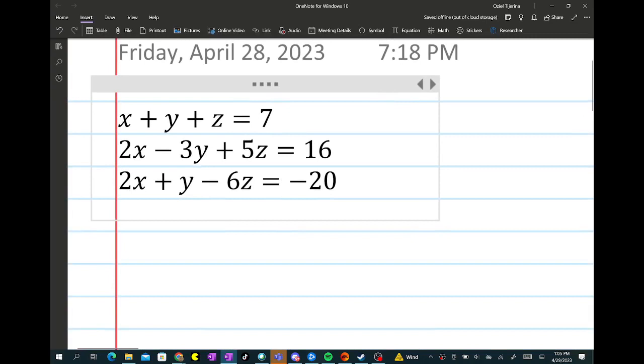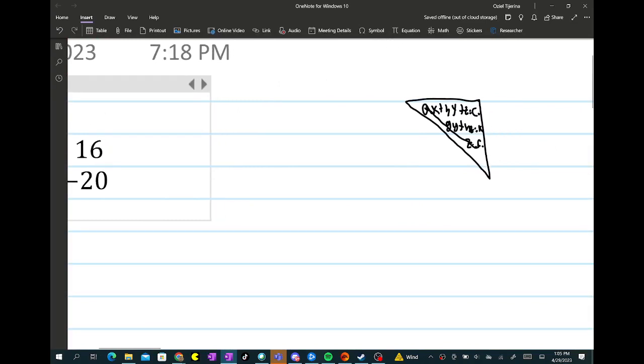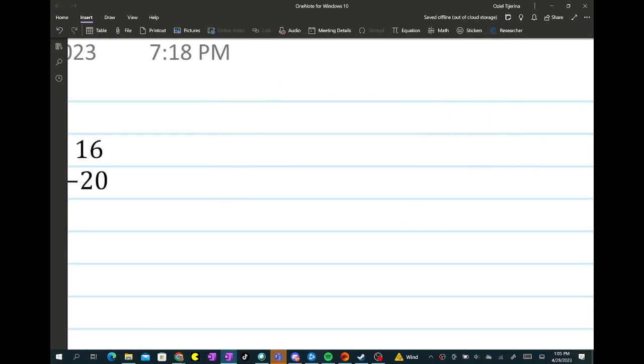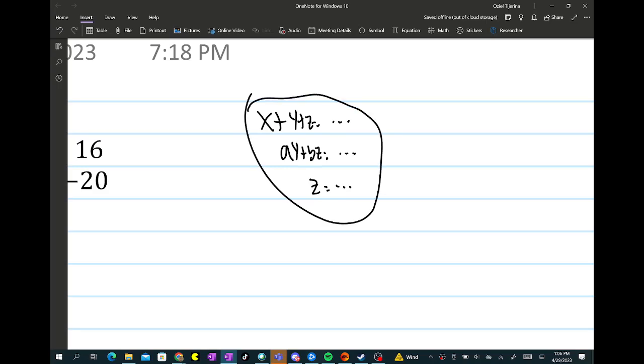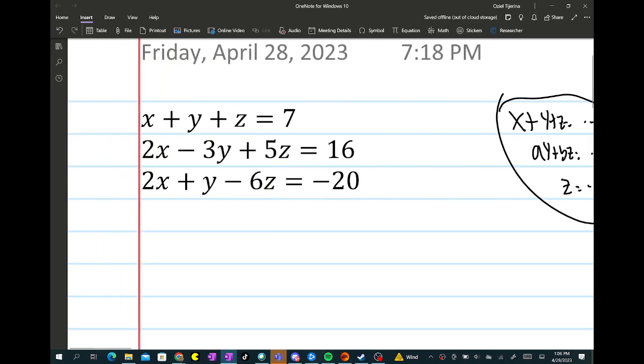Now, this is the problem that we have, and what I want to do is get it so that I have x plus y plus z equals a number, then ay plus bz equals a number, and then z equals a number. I want it to look like this, and right now it does not look like that.